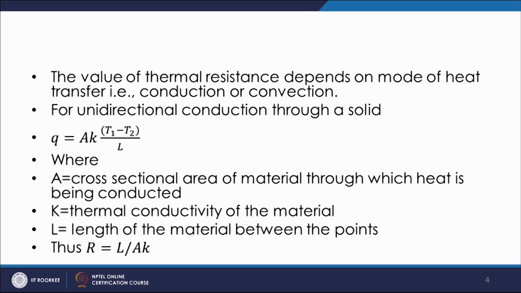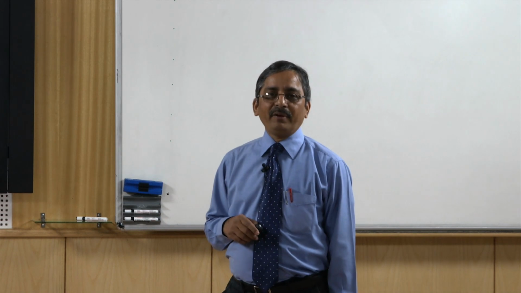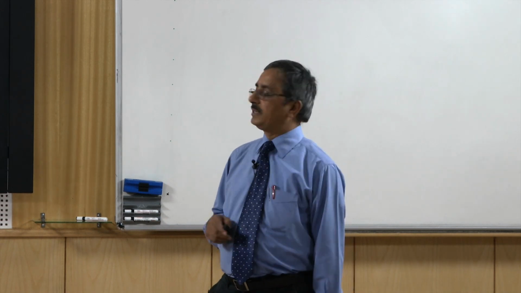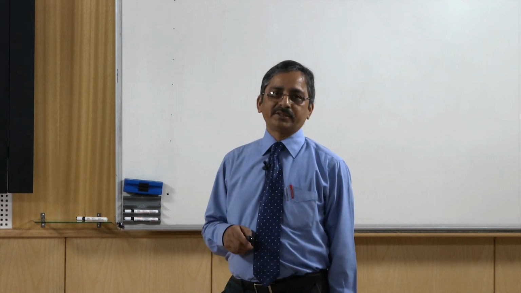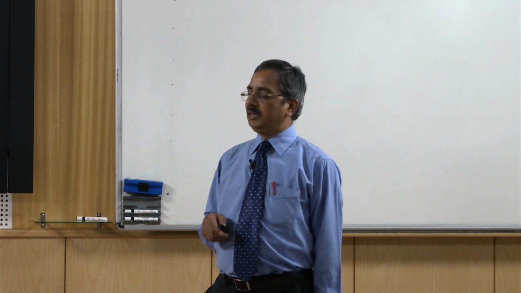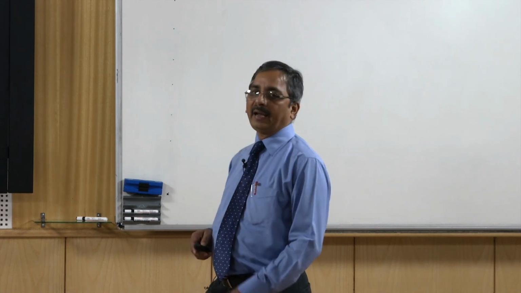Thus, if I try to write this expression in the form of the definition which we have given for the thermal resistance, this L upon AK basically belongs to the thermal resistance. So, you can say that the thermal resistance for the conduction is L upon AK.